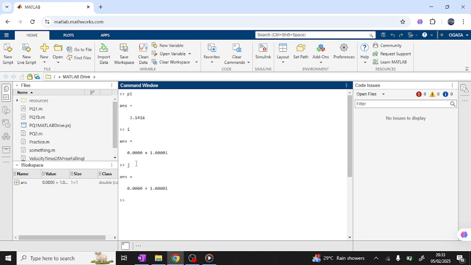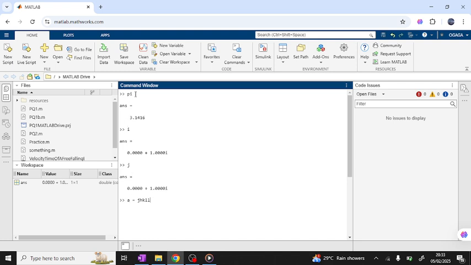But one thing to note is that when using predefined functions or predefined constant values, they should be at the right hand side of your equality sign. So if I want to make use of pi, it should be at this side, not at the left hand side of the equality sign. That's because what you have at the left hand side of the equality sign is the variable, while what you have at the right hand side is what is being assigned to the variable.